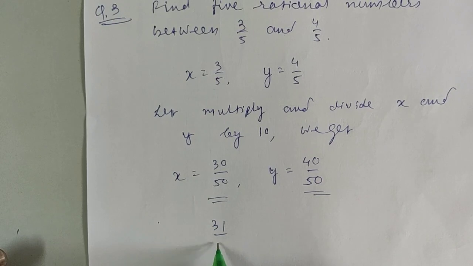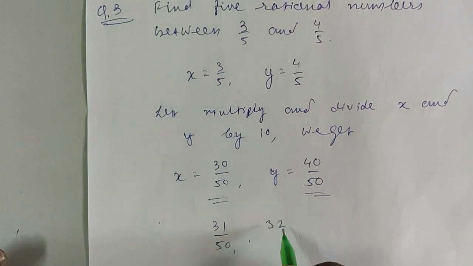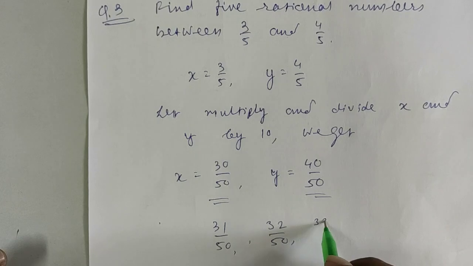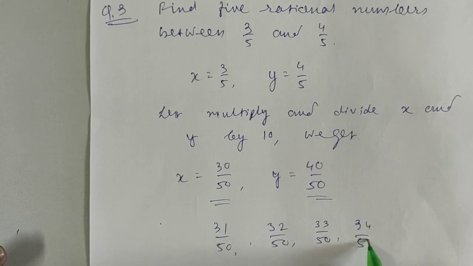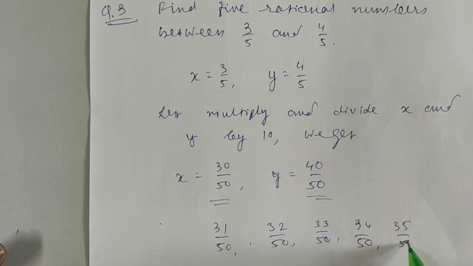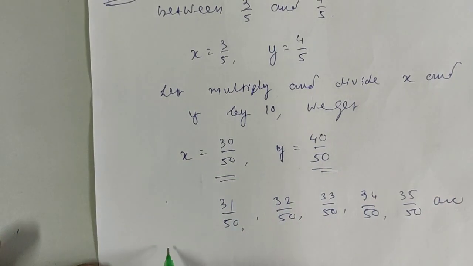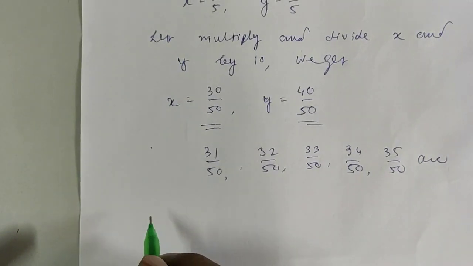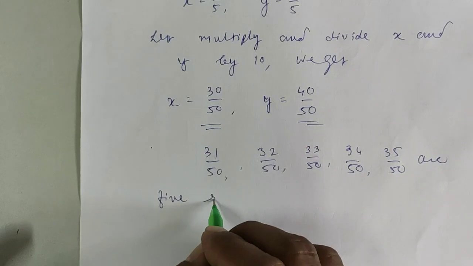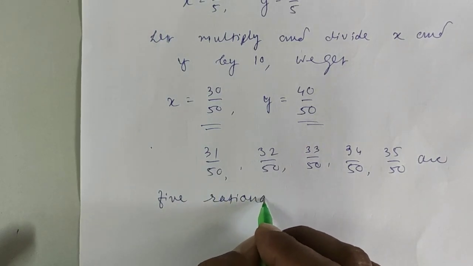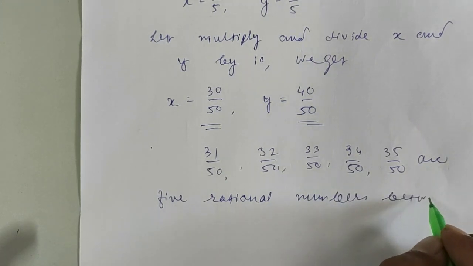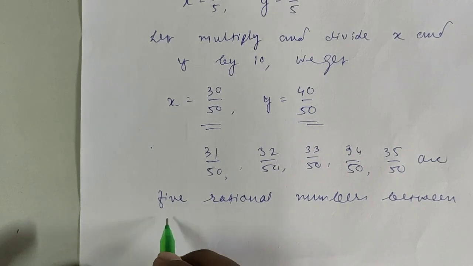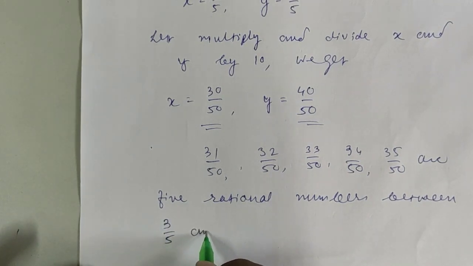These are 31/50, 32/50, 33/50, 34/50, 35/50, which are five rational numbers between 3/5 and 4/5.